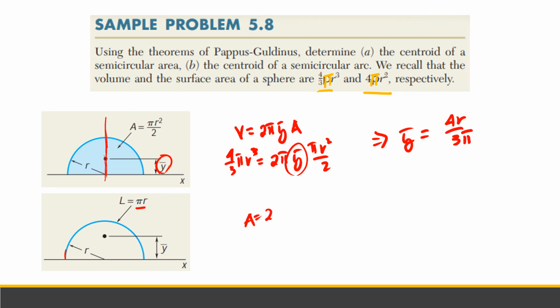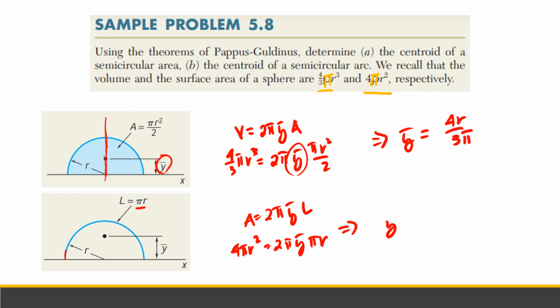So area is 2 pi y bar times the length of the curve. The surface area ng sphere is 4 pi r squared, and yung length niya is pi r.